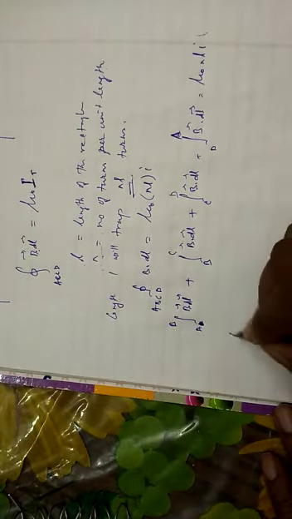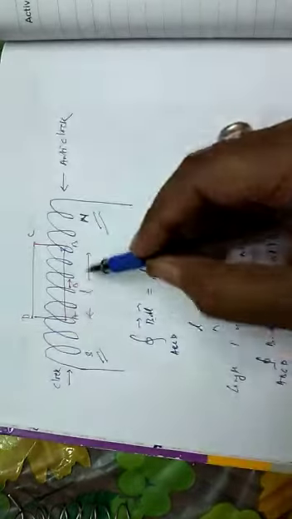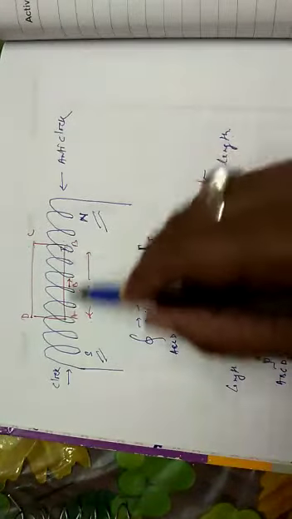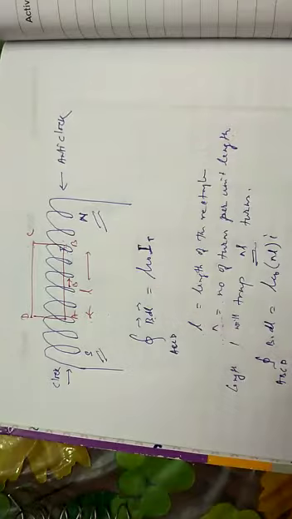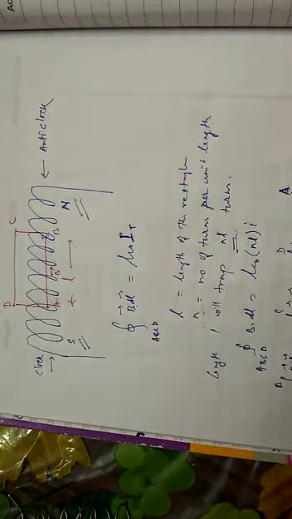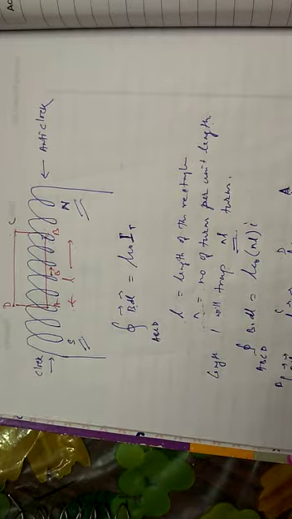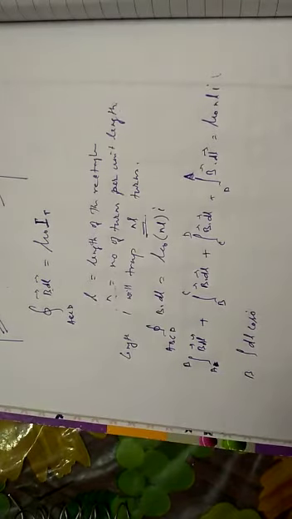B and dL are in the same direction, so cos 0 degree, which is 1. So it is B dL cos 0 degree, plus the next term, B dot dL.